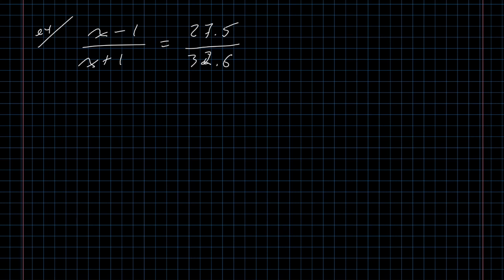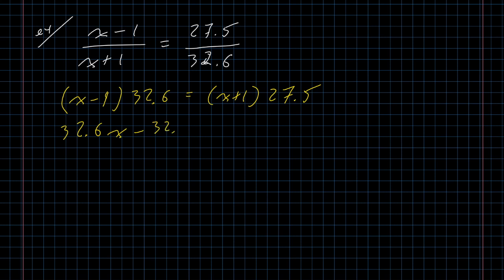So we have to make sure that when we multiply across, we get all of x minus 1 multiplied by 32.6, and all of x plus 1 multiplied by 27.5. Using the distributive property, that's 32.6 times x minus 32.6 is equal to 27.5 times x plus 27.5.